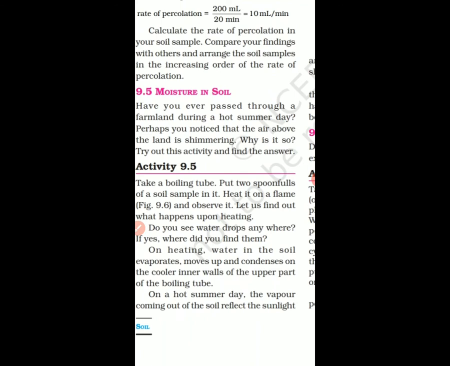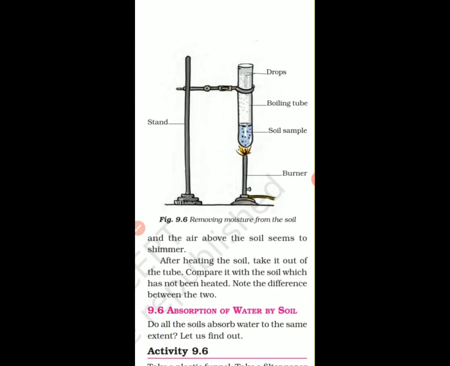Take a boiling tube, put 2 spoonfuls of a soil sample in it. Now heat it on a flame and observe it. You can see the picture given over here. Like this, you have to put a soil sample and then heat it.